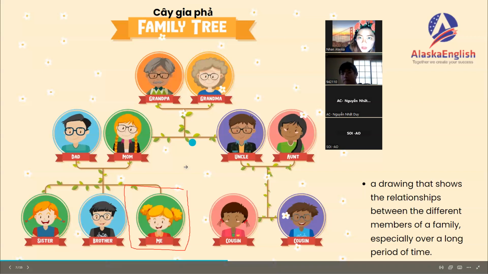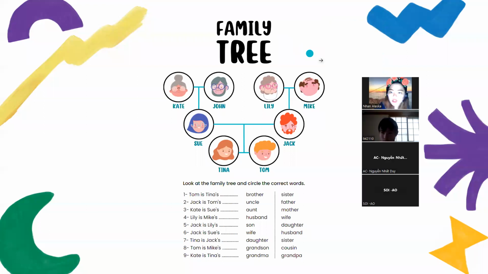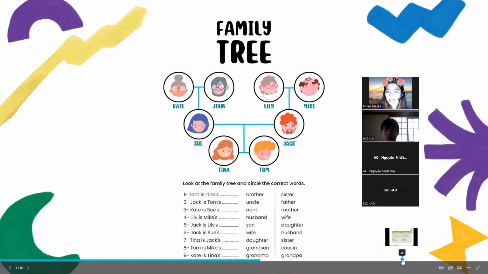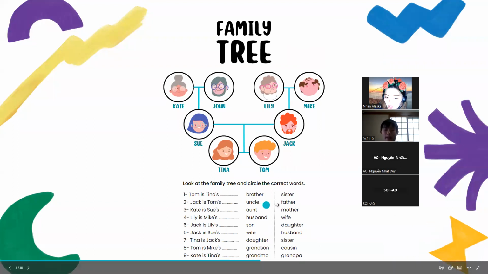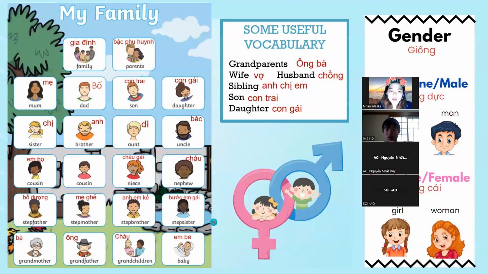By the way, this will serve as your homework. We are going to analyze a family tree. But anyway, there are choices for this one. The remaining 7 minutes that we still have, we are going to practice pronouncing the words.